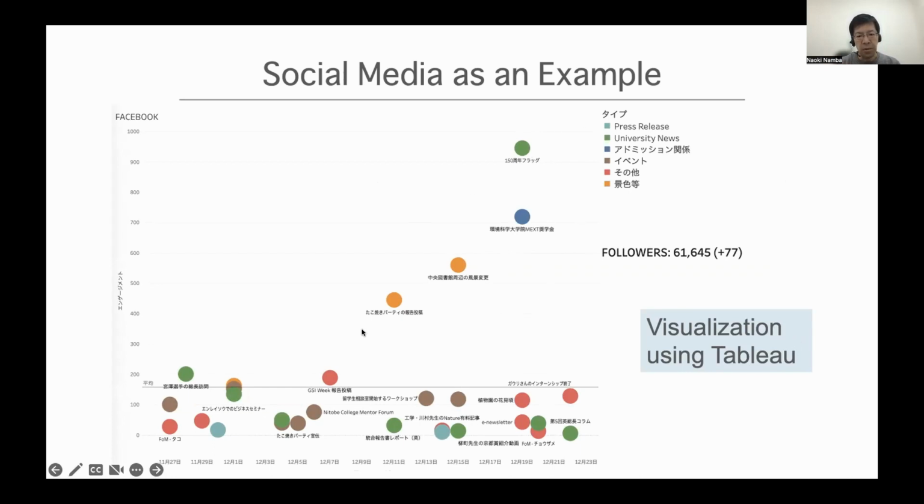For example, the orange color means these are the campus scenery, and those green ones are about university news, while the blue is information about admission. So like this, you can see how much engagement you got for each post.